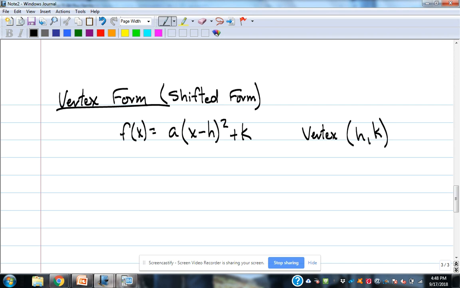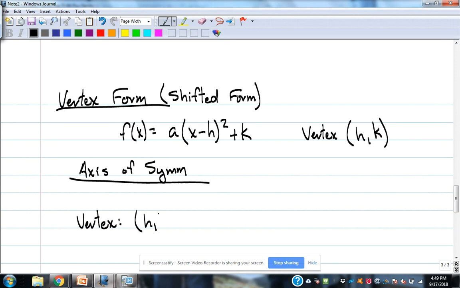Now, because we get the vertex for free, we also get the axis of symmetry for free. What part of the vertex goes along with the axis of symmetry? In standard form, axis of symmetry was -b over 2a. What part of the vertex was that?